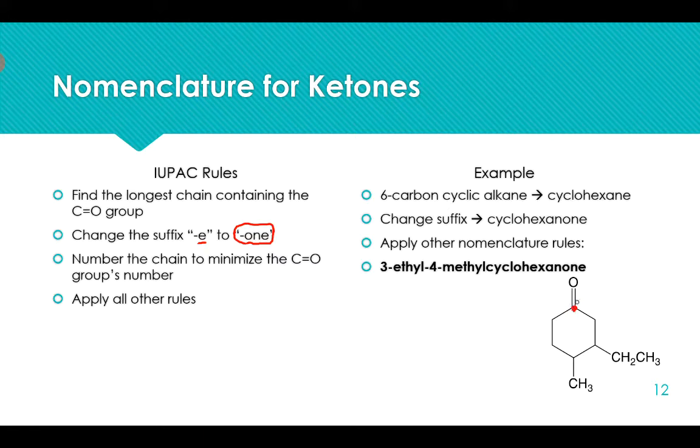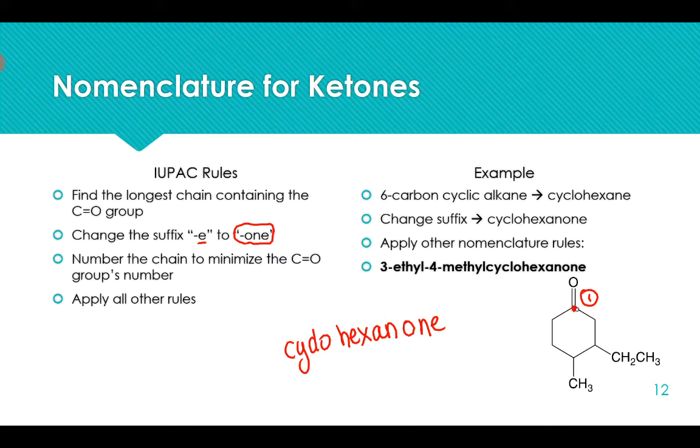And so this is always treated as carbon number 1. It's a 6-membered ring, and so that is cyclohexanone. Enunciate it where you can read the different syllables: cyclohexanone. All those different syllables there.